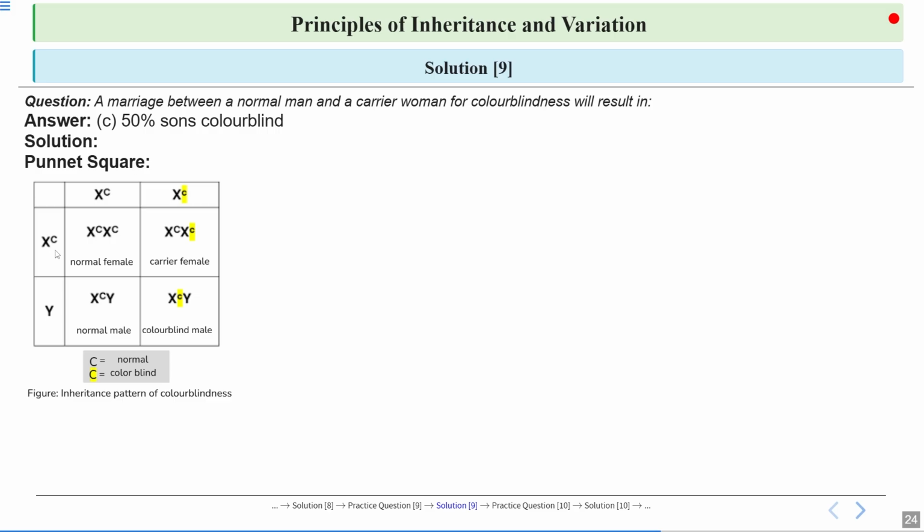The male is normal here, the father is normal. Now you can make different combinations. Let's look at the genotype of the sons. One son is normal, another son is colorblind. So that's why the answer is 50% sons will be colorblind. 1 out of 2 sons are colorblind, so 50% of sons get color blindness.